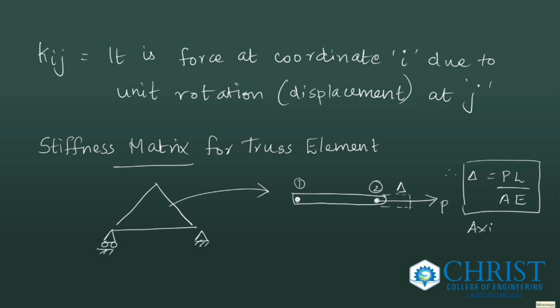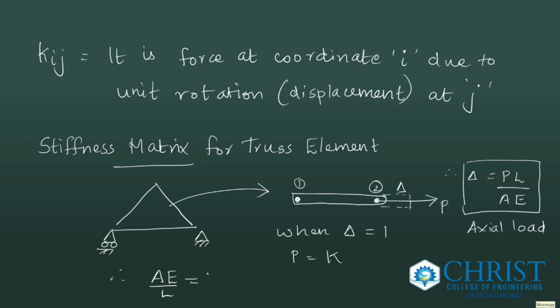Here by stiffness matrix method we will apply unit displacement, so delta will be 1. From that we will find out the value of P. P is equal to AE delta by L, where delta equal to 1. Therefore P is equal to AE by L is our answer for the stiffness matrix value.